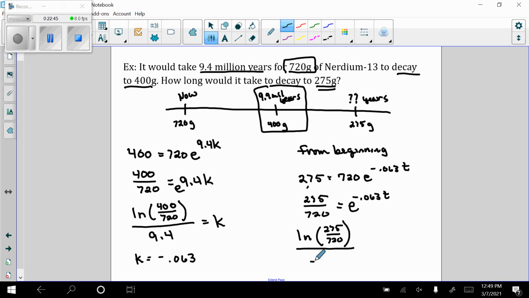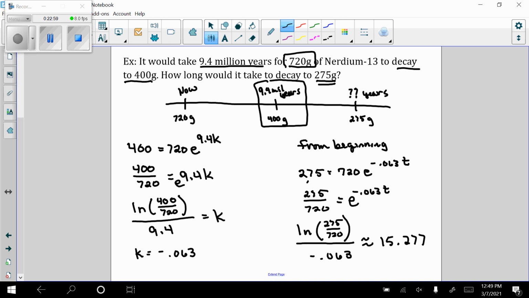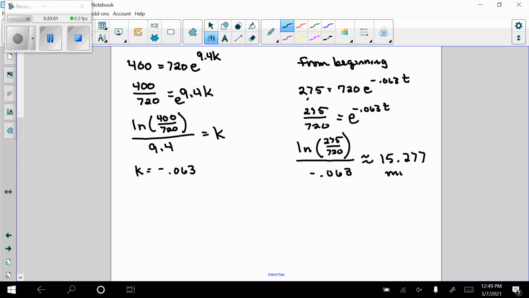Divide by negative 0.063. And I should get my time as being about 15.277 million years. From the beginning.